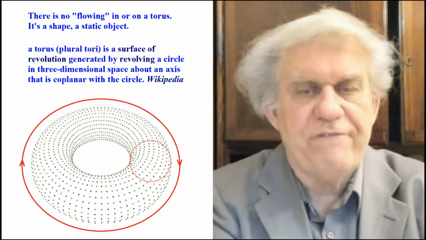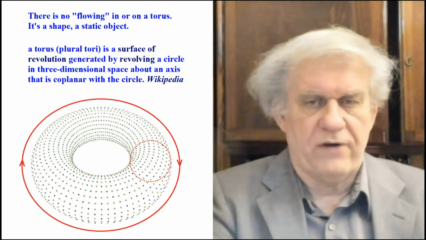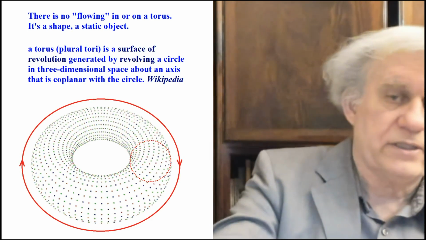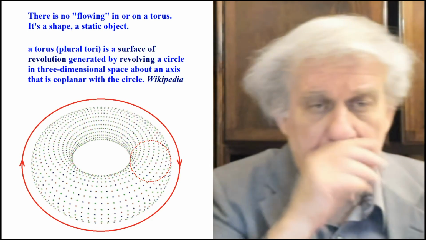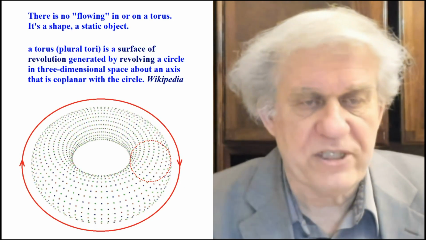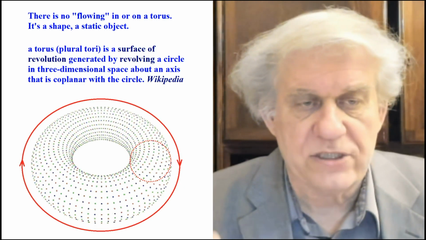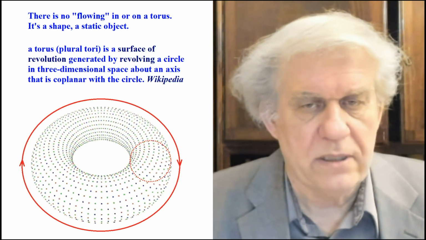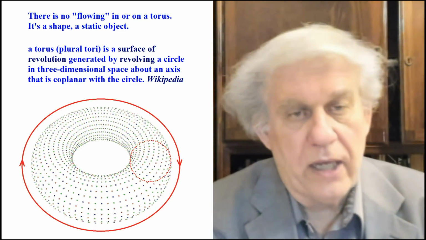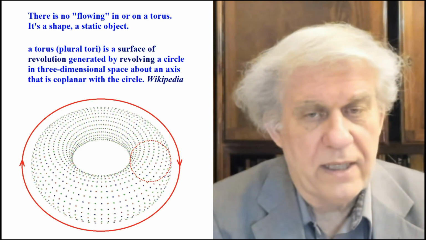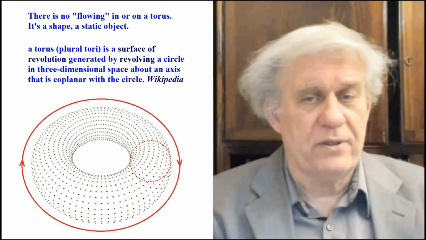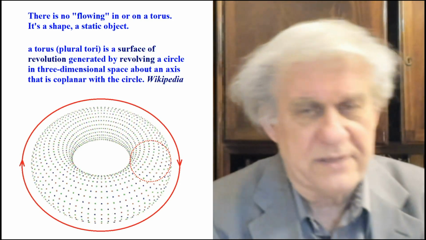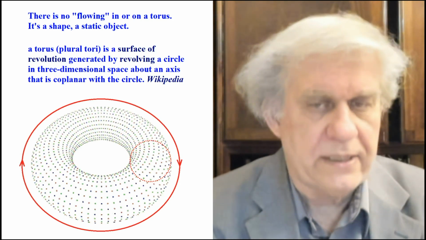Generated by what? Revolving. You're going to revolve this thing around somehow. You're going to sweep. Revolving what? A circle in three-dimensional space about an axis that is coplanar with the circle. So what is a torus? It's built with circles. And the circle, remember, they said it's just the outer portion, just the circumference. That's the circle, according to some of these bean brains who think a circle is just the little ring.